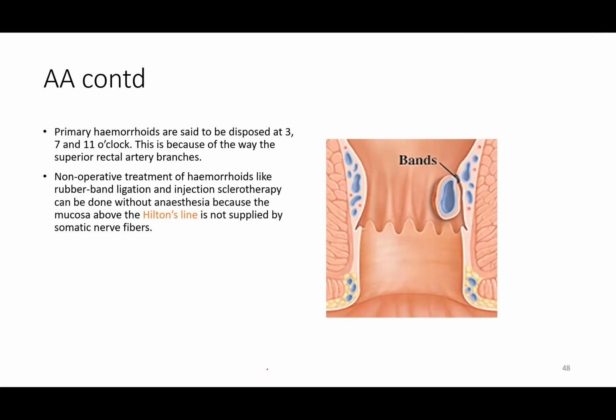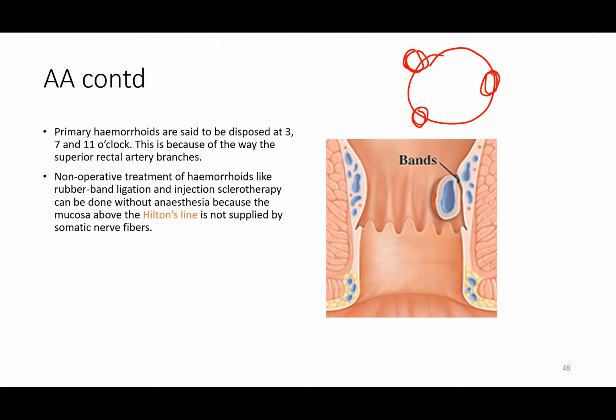Primary hemorrhoids are said to be disposed at 3, 7, and 11 o'clock because of the way the superior rectal artery branches. Those are the sites where the primary hemorrhoids are located, because the vessels are located at 3 o'clock, 7 o'clock, and 11 o'clock.